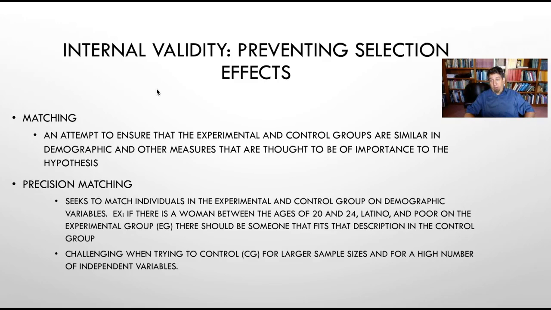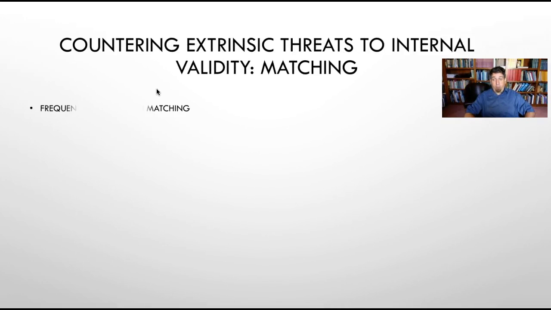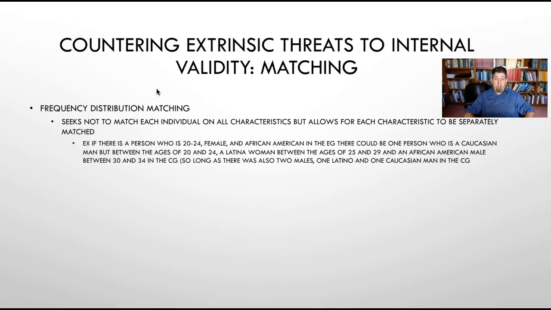So as an alternative to that, there's the frequency distribution matching, which just tries to capture each individual and all the characteristics, but allows each characteristic to be separately matched.